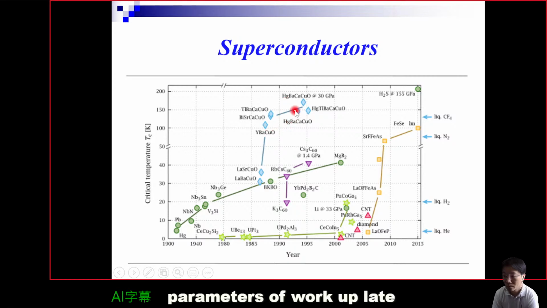So here they discovered many types of cuprates. The highest Tc of the cuprates is the mercury-based cuprate. But practically, we don't want to use any kind of mercury products in practical usage, because mercury is toxic for the human body.